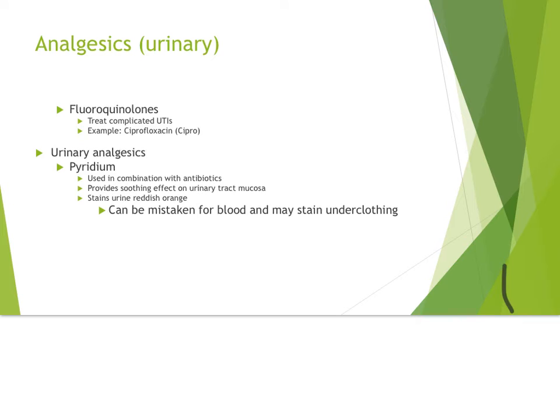What we need to tell our patients is that it can stain the urine or change the color of the urine to like a reddish or orange color. Could concern clients. They think that possibly they have bloody urine, can stain underclothing, and it can also actually stain sweat and tears, so it could stain contacts.